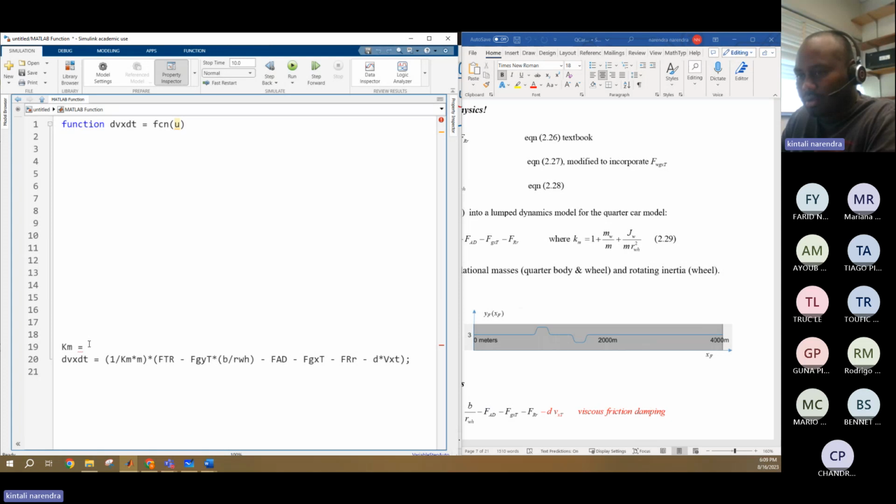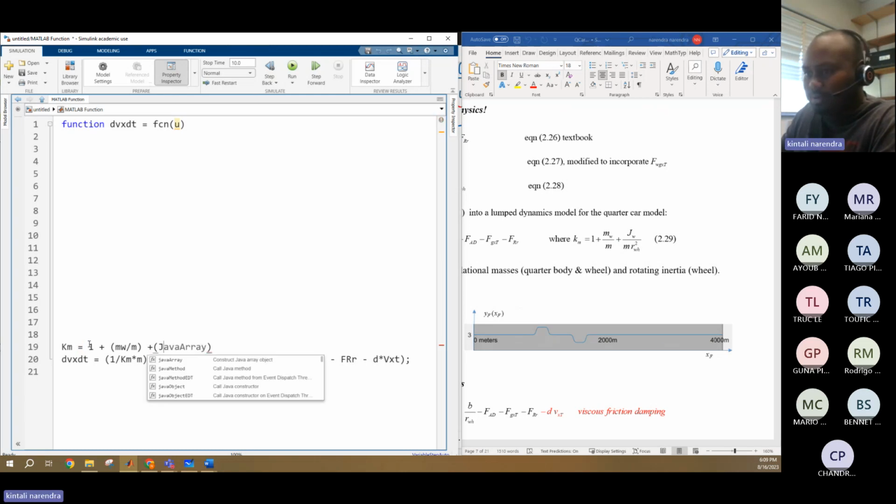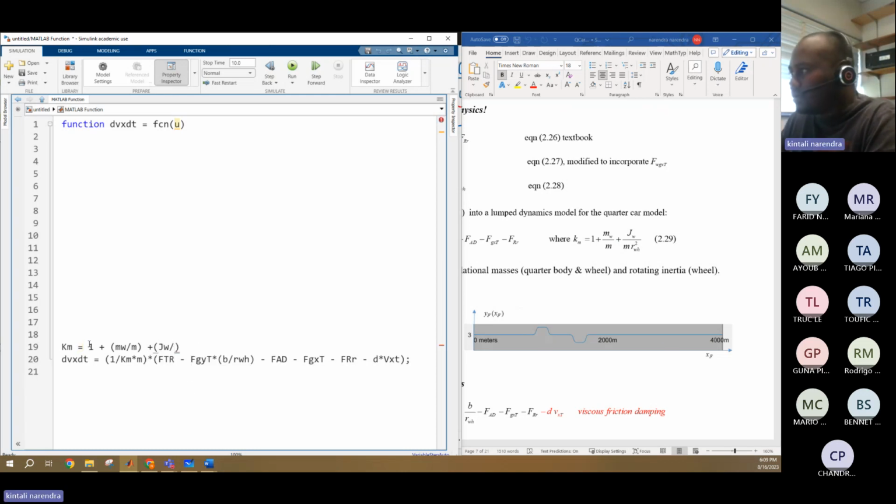Km is equal to 1 plus mw by m plus jw by m into rwh square.